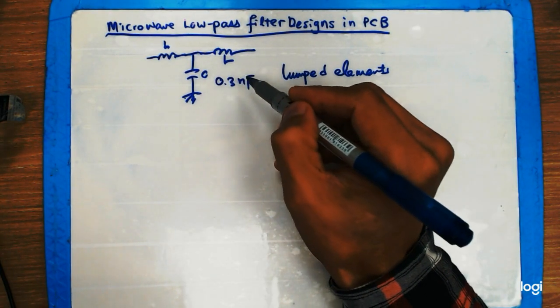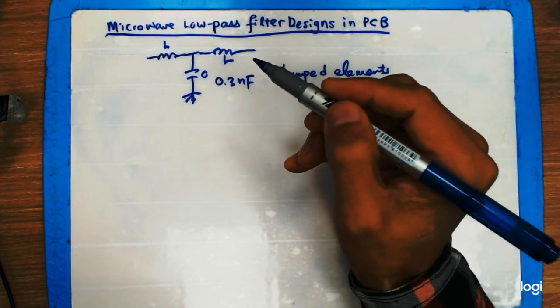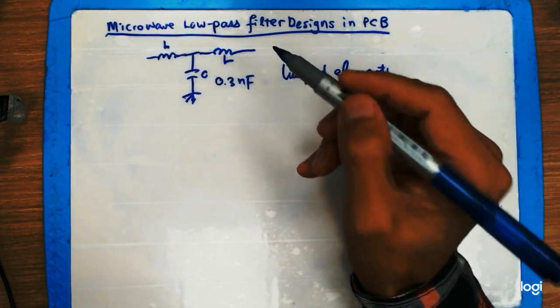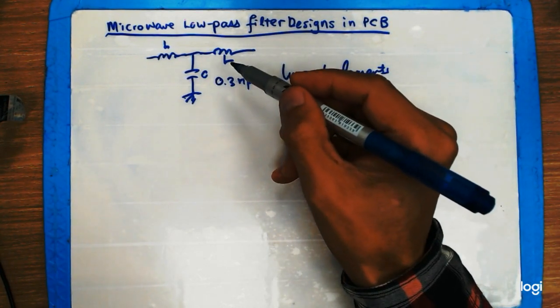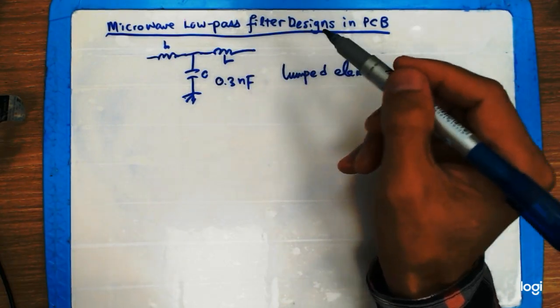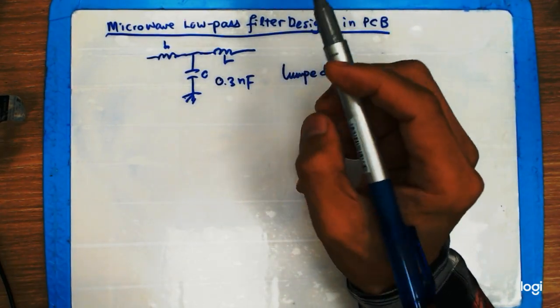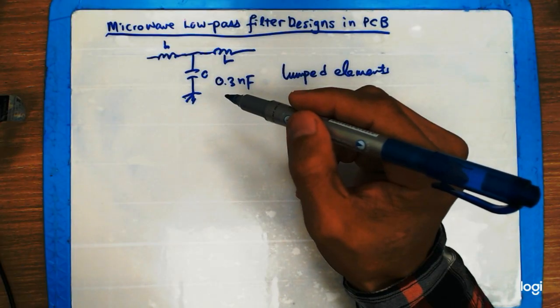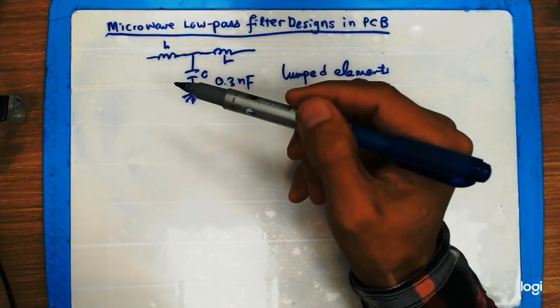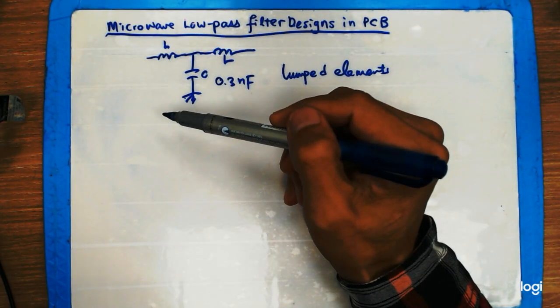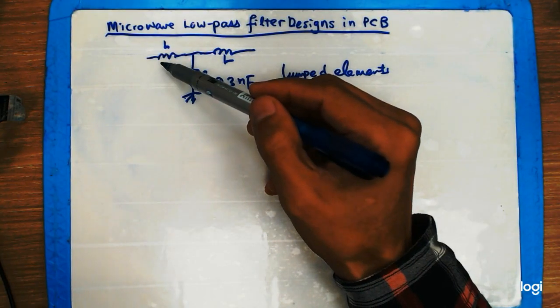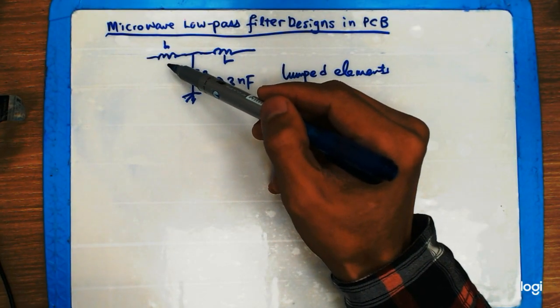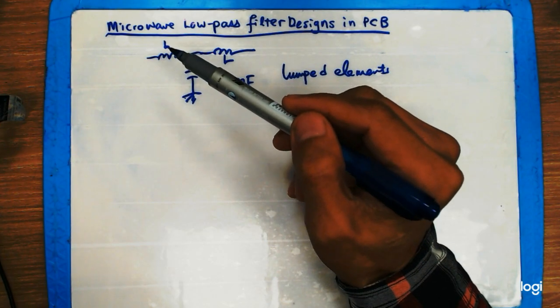This kind of capacitor is hard to find in the market. And in a planar circuit, you might be able to do it flexibly according to the area, the geometry. But then you also face a problem about the inductor. Inductor is not easy to implement in RF microwave frequency.